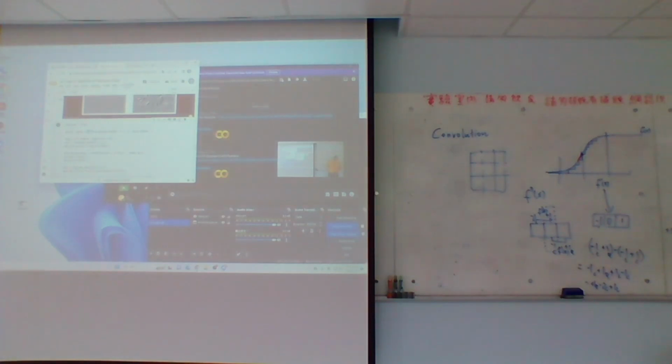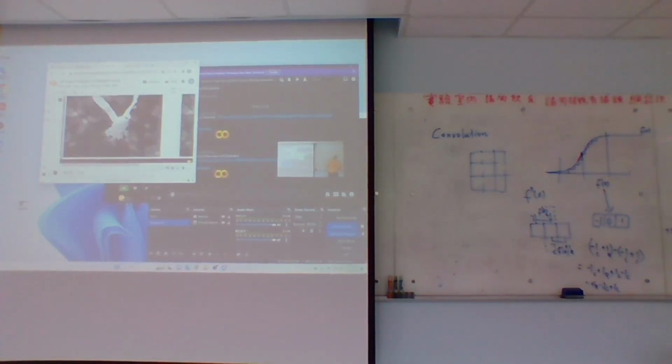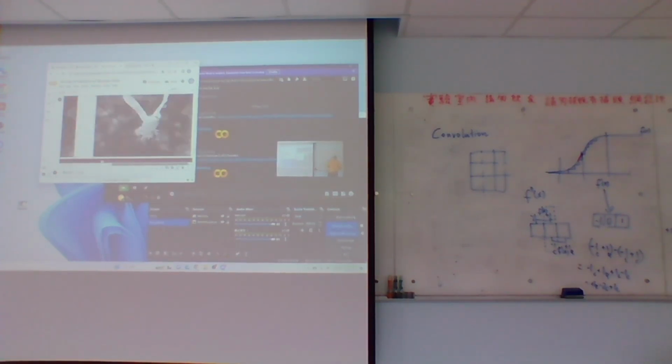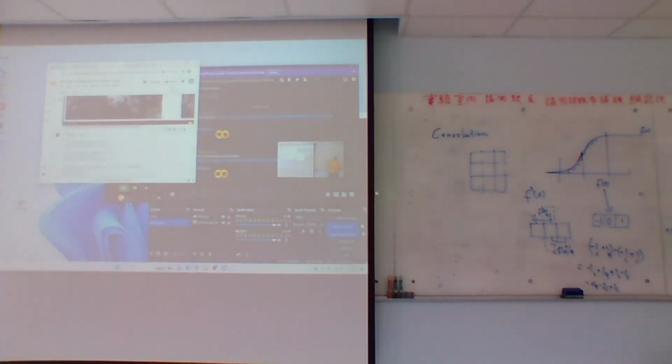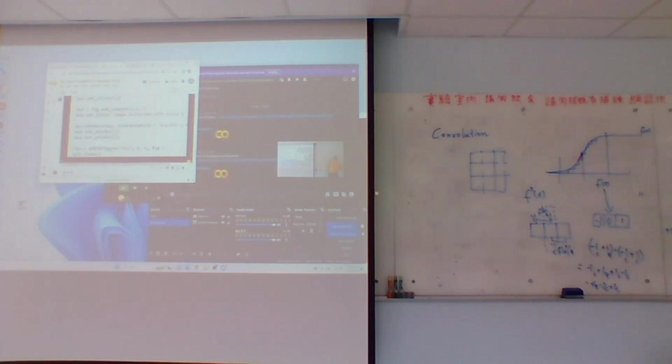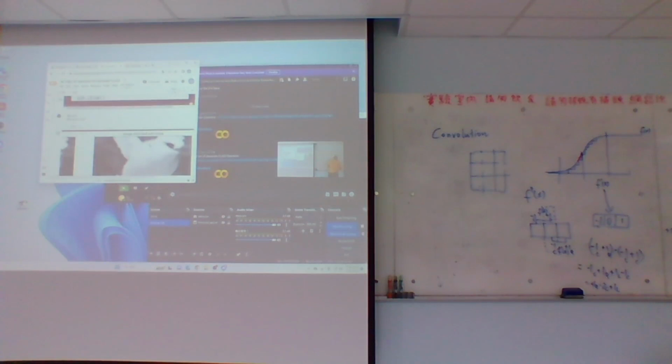So I get rid of this extra factor here. Here's the zoomed in version.